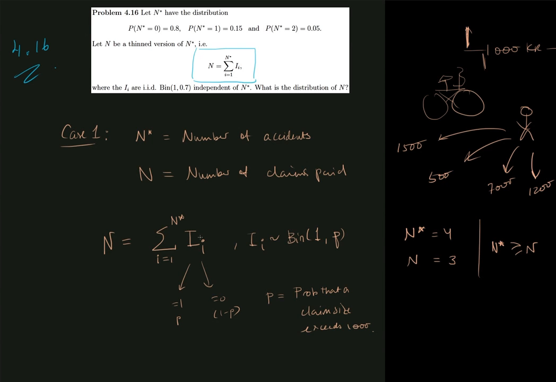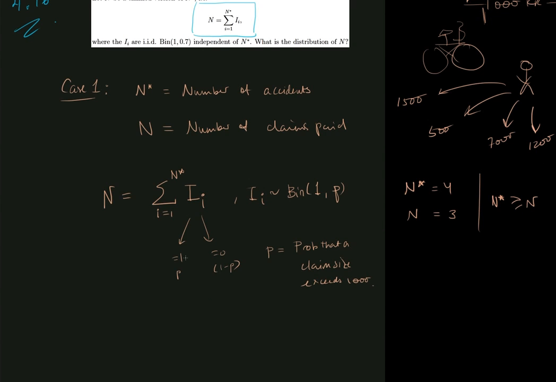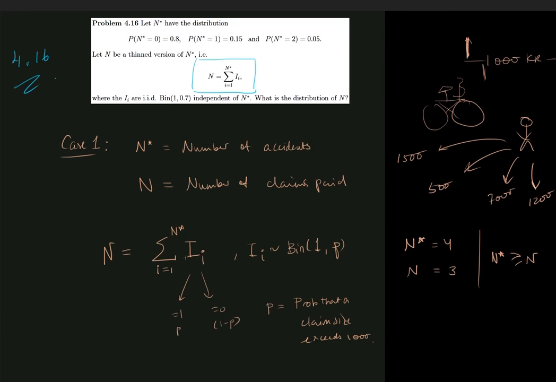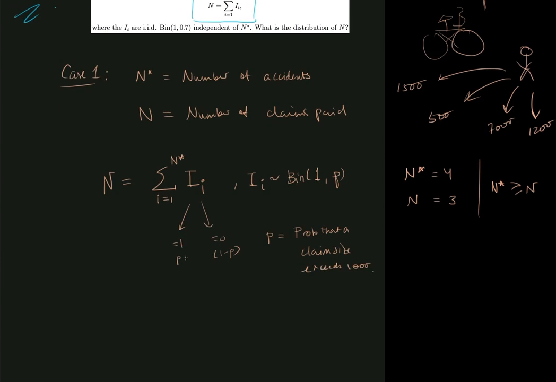If I_i is equal to 1, then a certain accident will also be a claim paid. If I_i is equal to 0, then a certain accident will not be paid because it won't contribute to the sum that N is made up of. So this is the basic thought behind thinning.